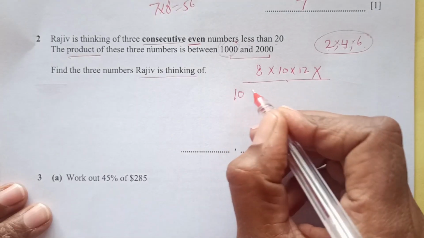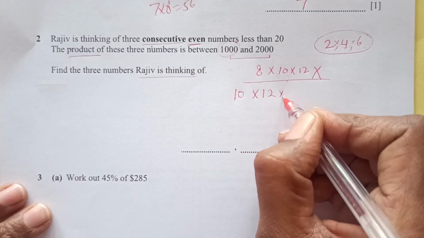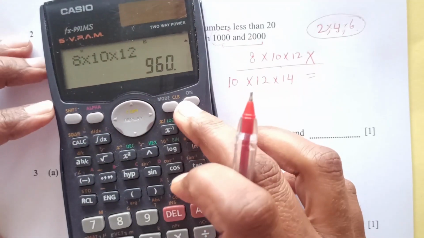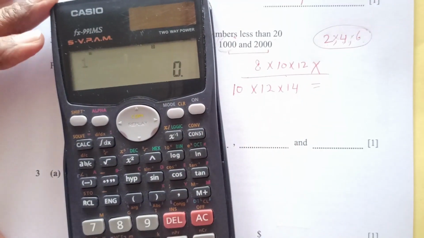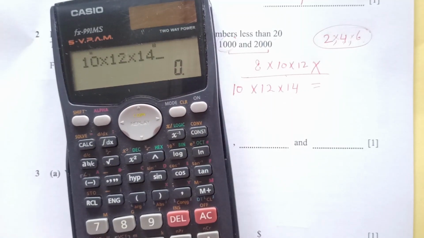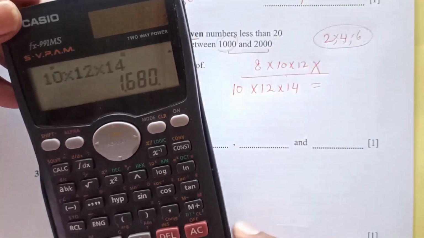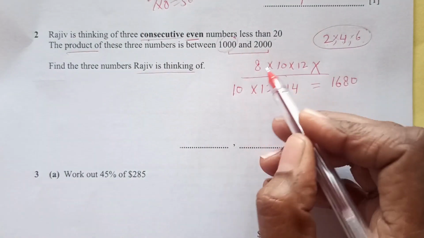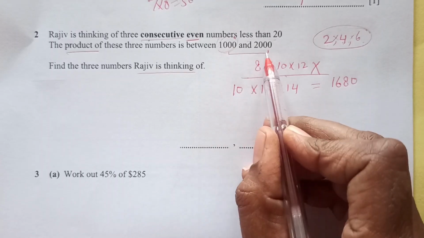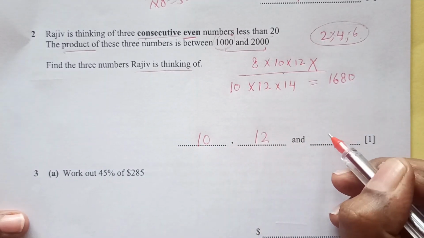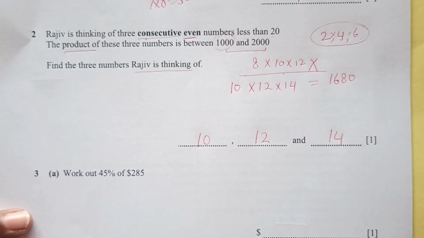So we can start with 10, next is 12 and 14. So let's see what is the multiplication here. So it is 10 times 12 times 14, which is 1680, and this lies between them. So that means the 3 even numbers are 10, 12 and 14.